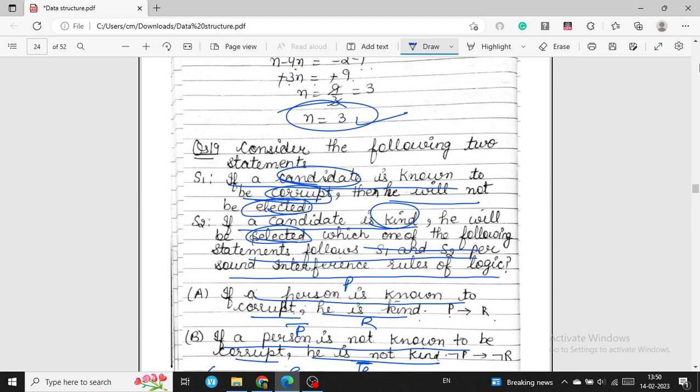I repeat it again. Here a candidate is known to be corrupt, that is represented by P. He will not be elected, not Q. And a candidate R will be selected, Q. R implies Q, according to the statements.